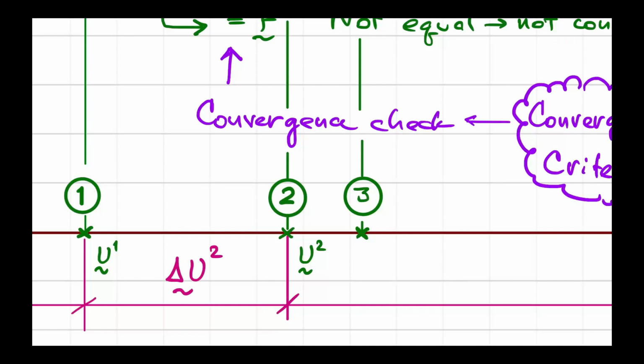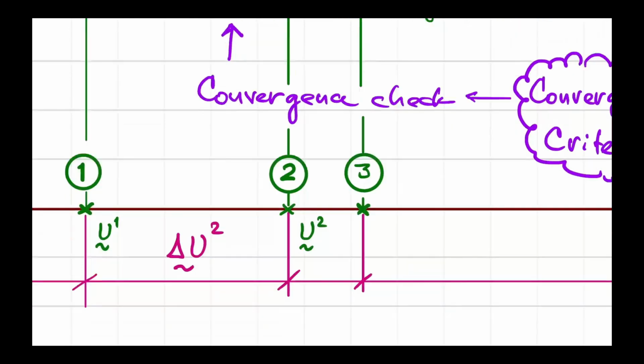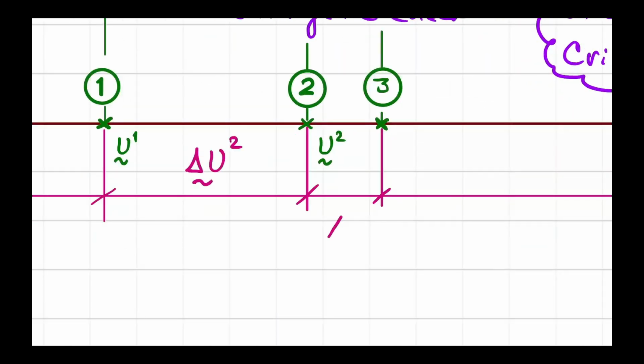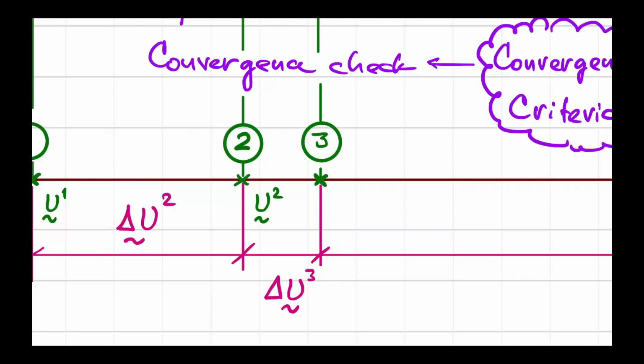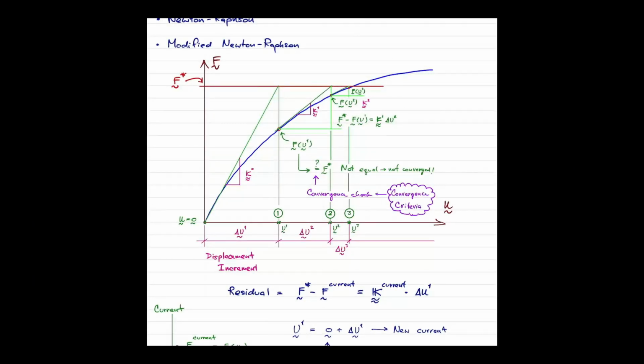Point number 3. And in here it is delta U3. Okay, and that is the U3. So you update, right?